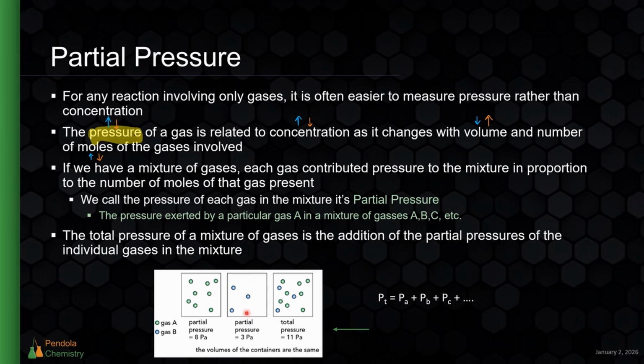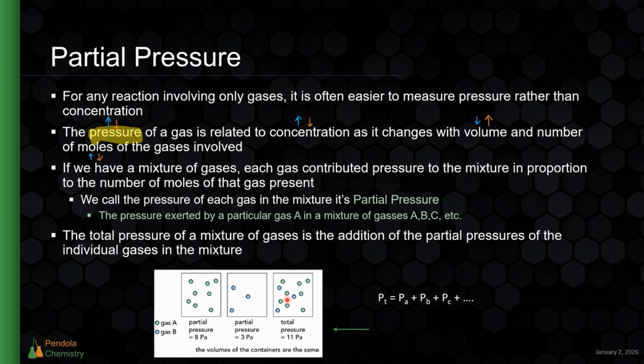If we have a container with nothing but gas B, then the pressure in this container is just the pressure from the particles of B bouncing on the container. But if we have a mixture of both gas A and B, then the pressure in this container is an addition of the pressure exerted by the particles of gas A, the green ones, bouncing against the sides of the container, plus the pressure exerted by gas B, the blue ones, bouncing against the sides of the container.